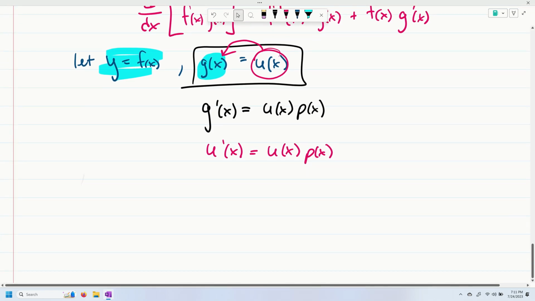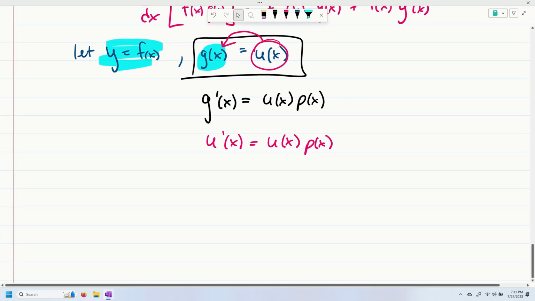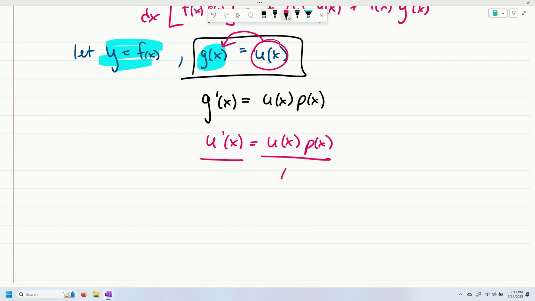Now, what we can do here is divide both sides by u of x to give us u prime of x over u of x equals p of x. Now, I know this looks a little crazy initially, but just watch what happens. We are trying to find this unknown function that is going to allow us to fill in the blanks for the product rule.